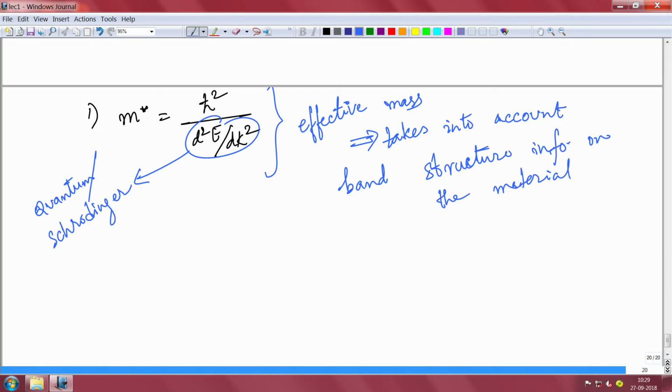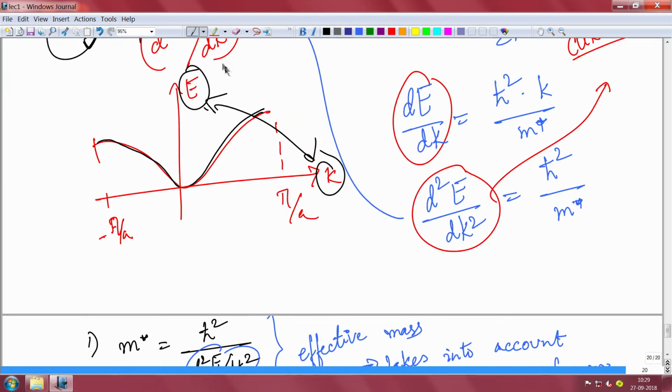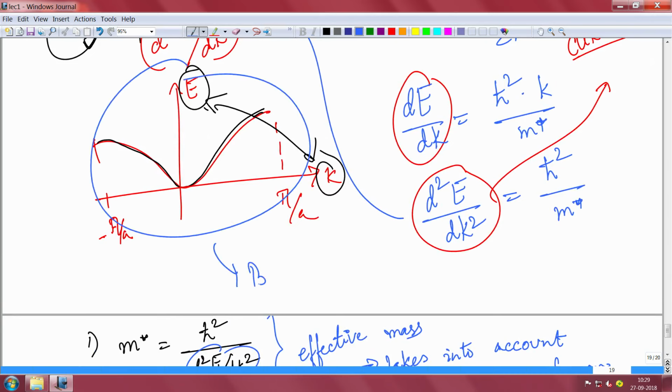This Ek diagram that I have been telling you about is called a band structure. How the energy of an electron changes with momentum is called band structure. It comes from quantum mechanics.